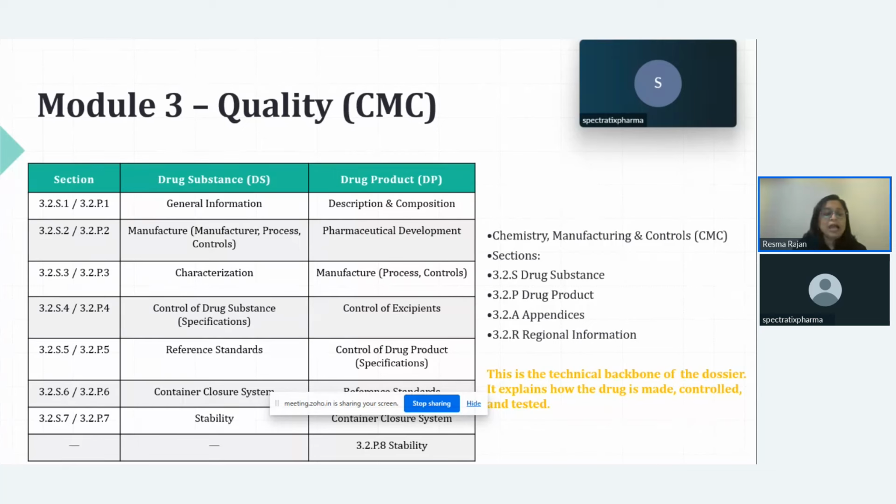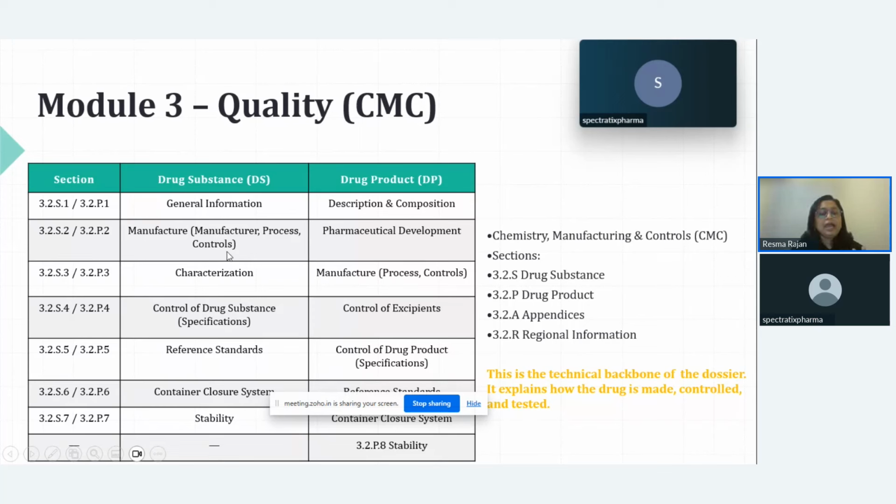Okay. And the next section is S.4, that is control of drug substance. Till now, first we write general information. The manufacturing section is from the production team, the manufacturing department. They will have their set of documents, BMR, process validation, all these documents maintained by the production team of the pharma company, and they will give the details.